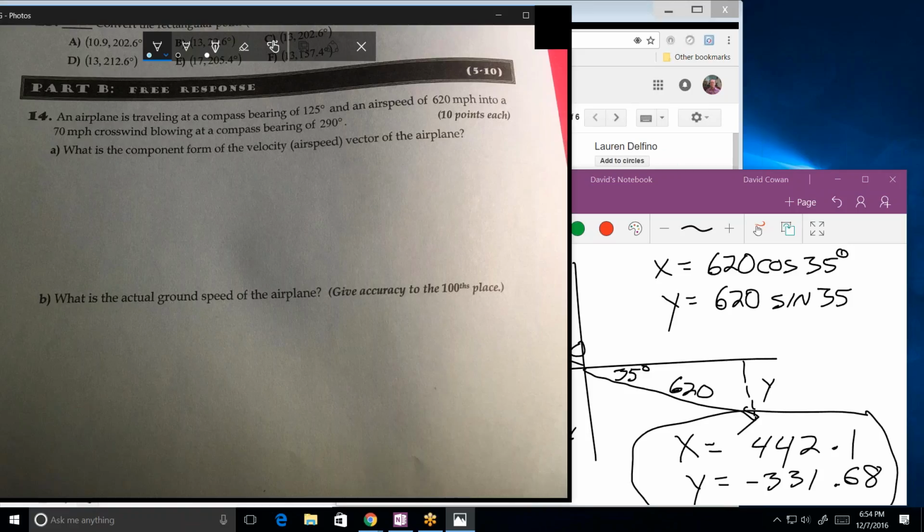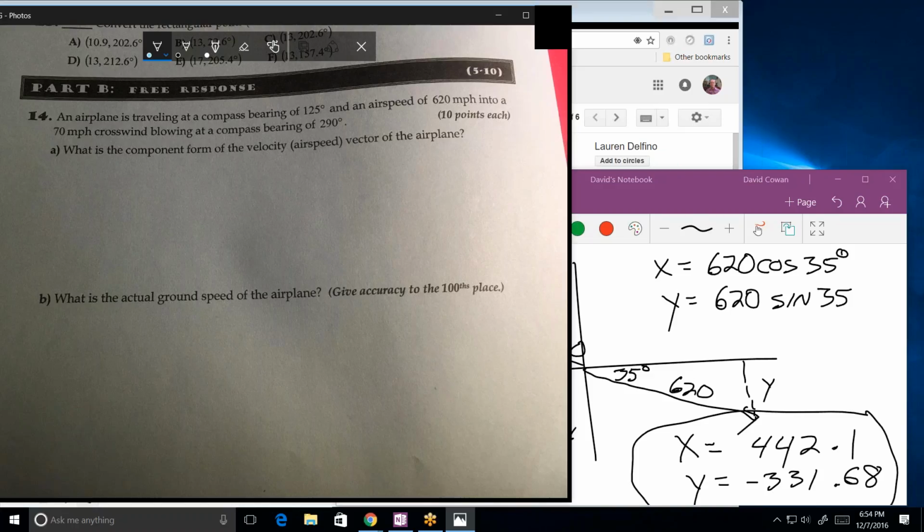I'm not sure what they're asking for in A. I don't know if they're looking for the velocity vector of the airplane and the wind, or the velocity vector of the airplane relative to the ground. I think they're looking for air and wind because it says airspeed. I would think so. Well, I'm not sure here, but I think you're right also.